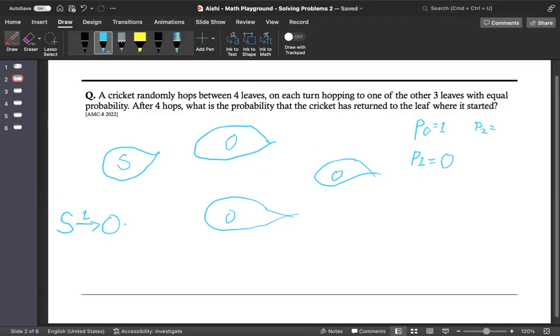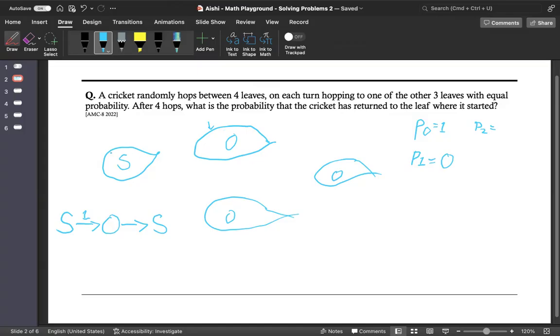So we're going to go from O to S. So say the cricket chooses this random O, and then has to go back to S, and it can't go from the same O to the same O. Like it can't stay in one leaf in one hop because then it didn't go anywhere.